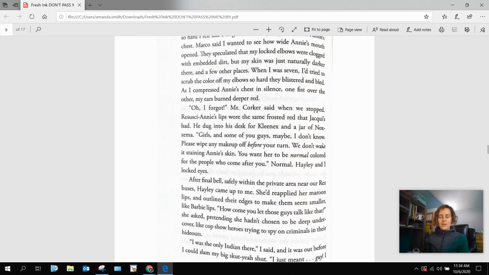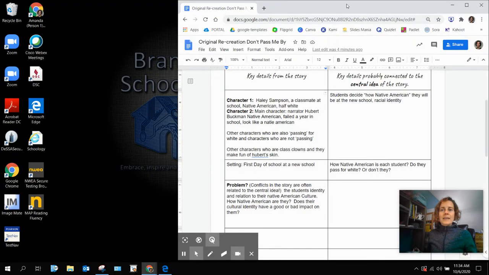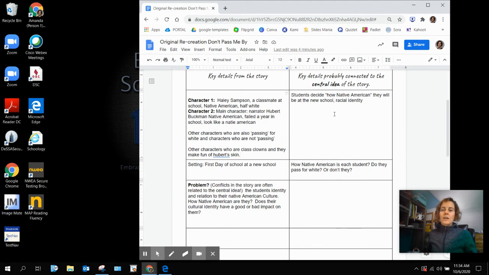This is a key scene because it shows a connection between Haley and Hubert. Because when the teacher calls Annie's skin color normal, not realizing that he shouldn't have said that, they lock eyes.